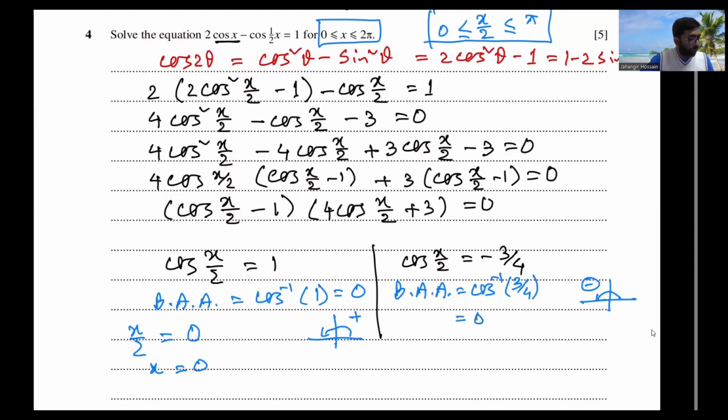That is 0.7273. So x by 2 is equal to, in the second quadrant, pi minus the basic acute angle. So x will be double of this.